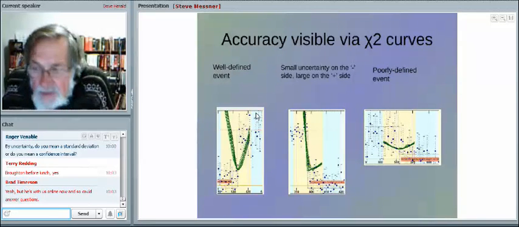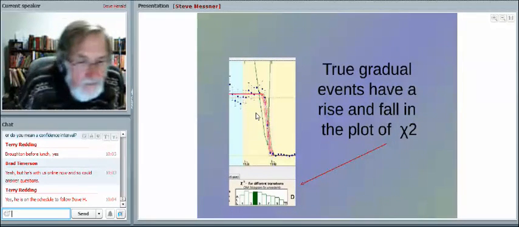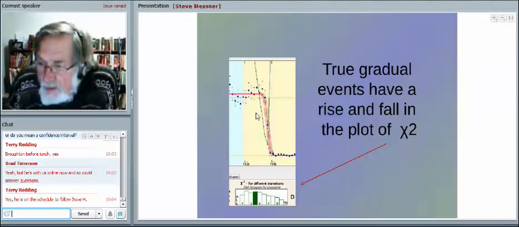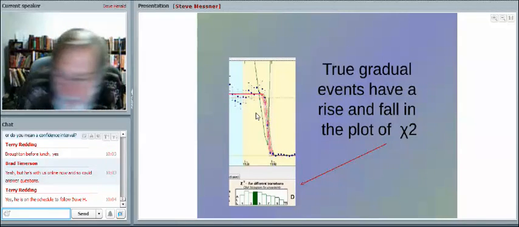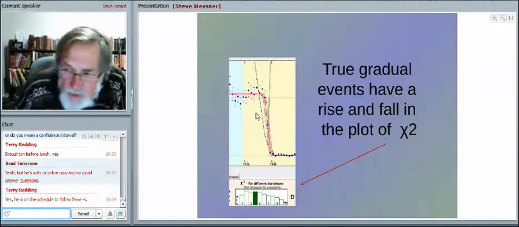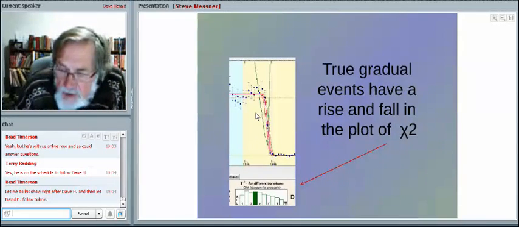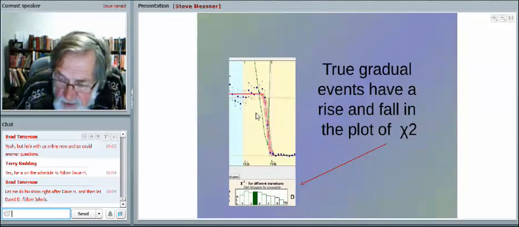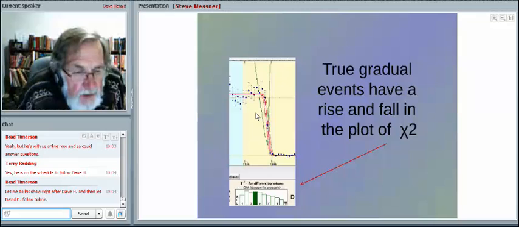Next slide. This, from memory, is from Conard's observation of the Agamemnon event. It shows a fit of a transition, a 4-frame transition. You can see the plot over 4 frames. The chi-squared plot at the bottom there, you can see how it rises and falls.